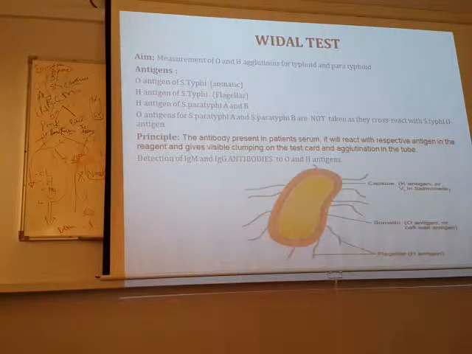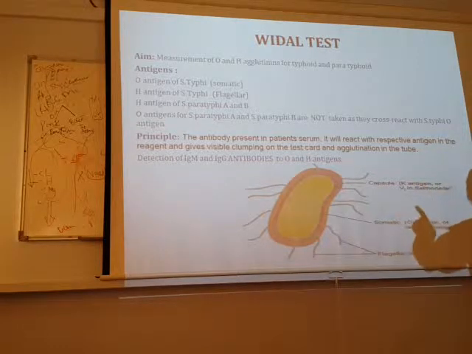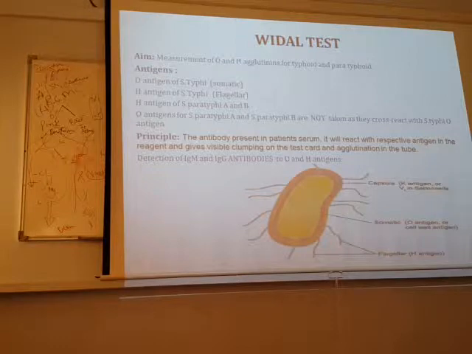Salmonella paratyphoid, because the O antigen of the paratyphoid has a similar protein. It is called factor 12, which resembles that of Salmonella typhi. The paratyphoid has an O antigen and salmonella typhi has an O antigen, but the protein factor 12 present in the paratyphoid is similar to that of Salmonella typhi.